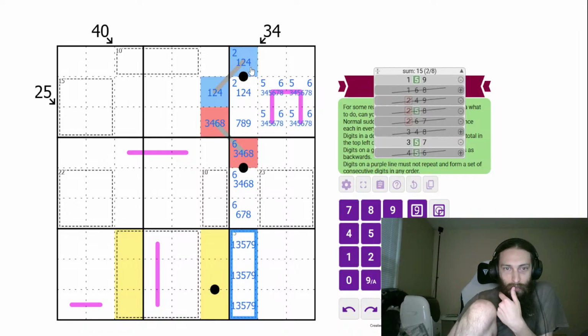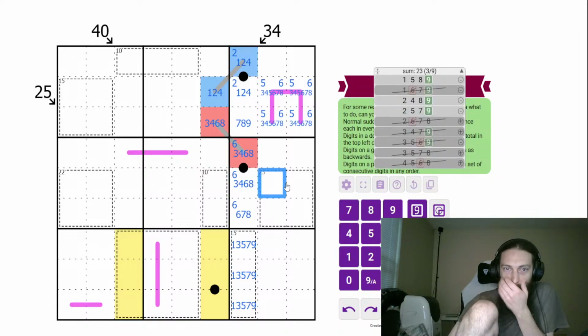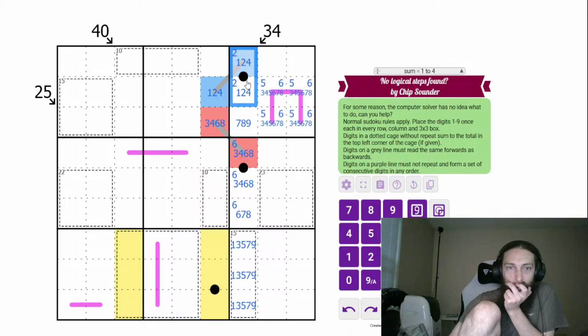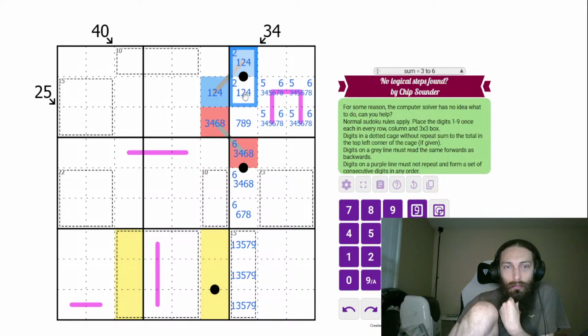So this is 1, 5, 9. So this is 2, 4. So that's 3, 6. Well, this is 2, 4. So I put the 7 here and an 8 here. So this is 2, 5, and 7. Oh. I did put 2 1s.